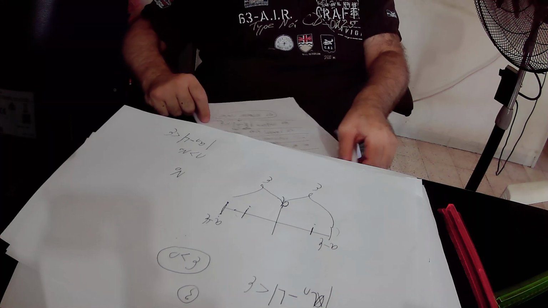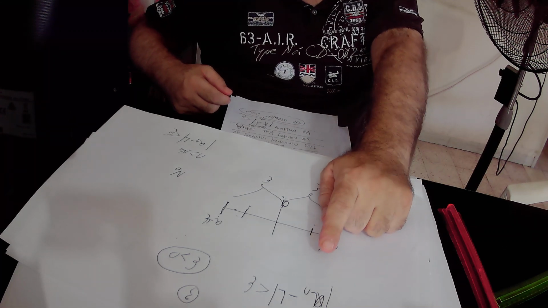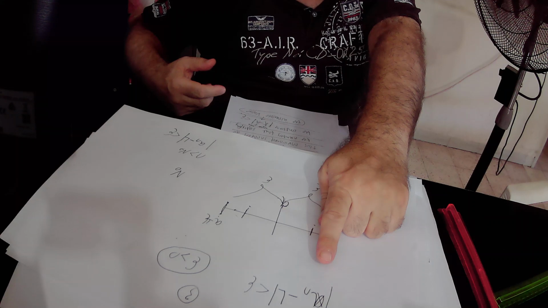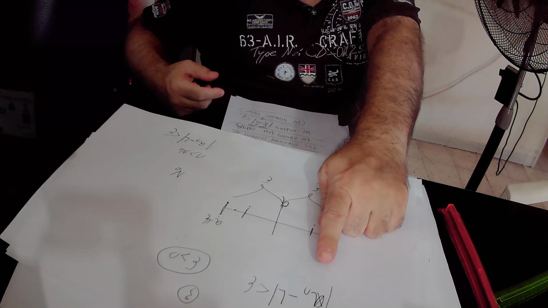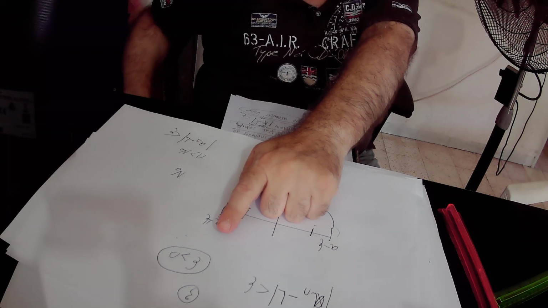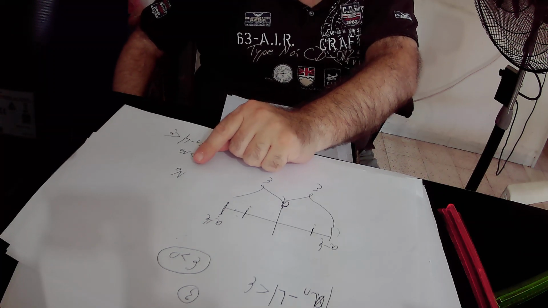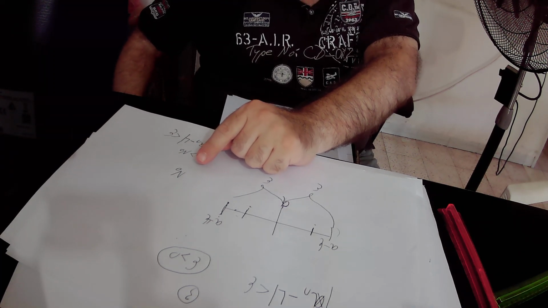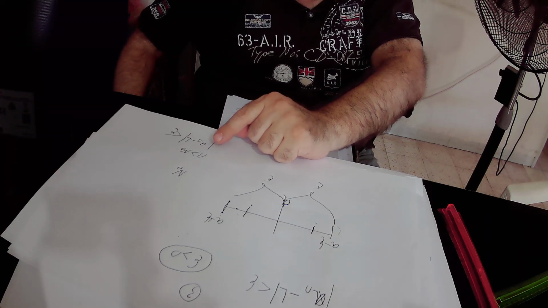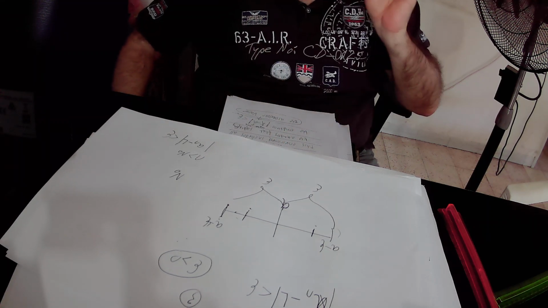Again, I repeat that if L is the limit of sequence AN that contains infinite members, then for any epsilon that is positive, I can find NO, and for any n that is greater than NO, we get that AN minus L is less than epsilon.